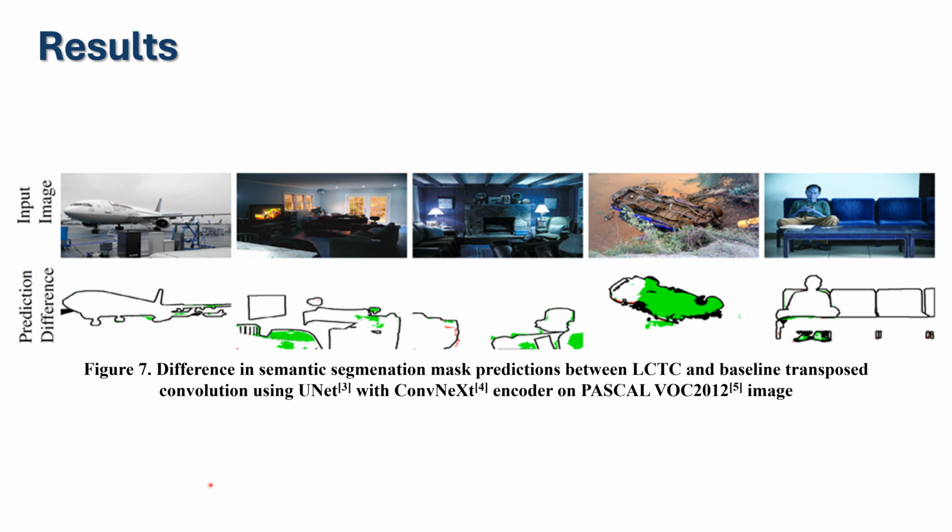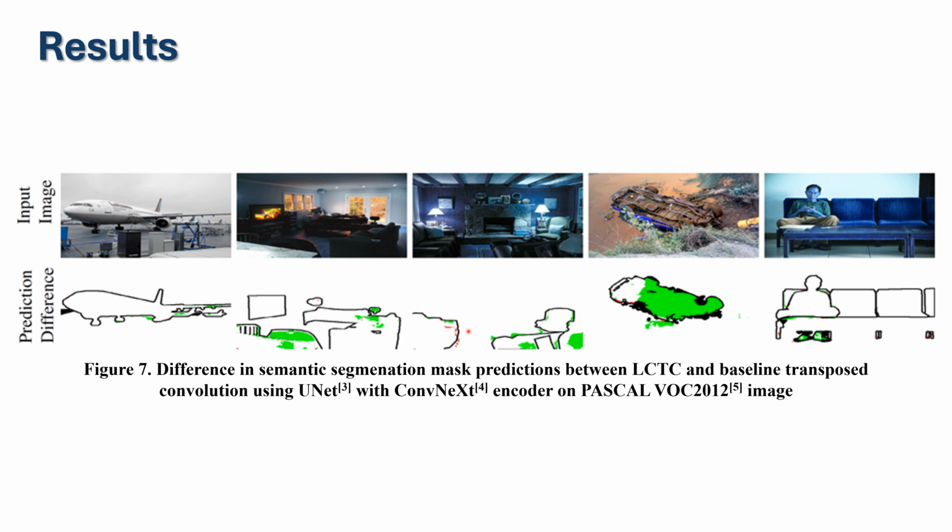Next, we show some results for the considered semantic segmentation task. Here, we observe the difference in the semantic segmentation mask predictions between LCTC and the baseline transposed convolution when used for upsampling in a U-Net. Green regions show where the LCTC correctly predicted the mask but the baseline failed.